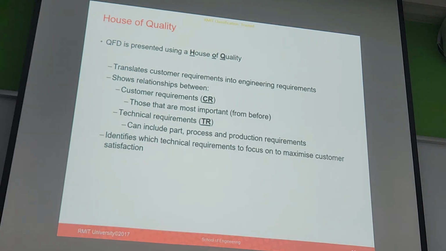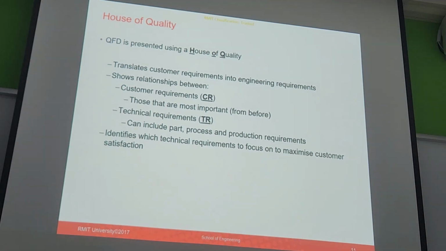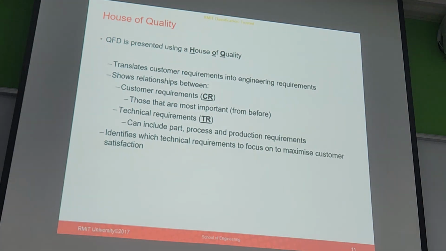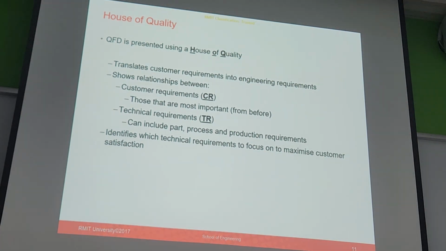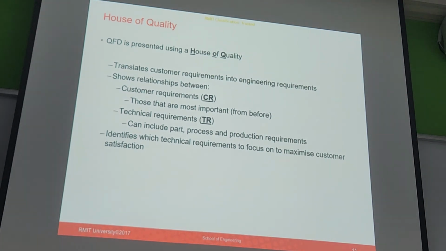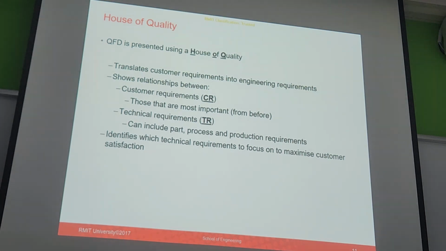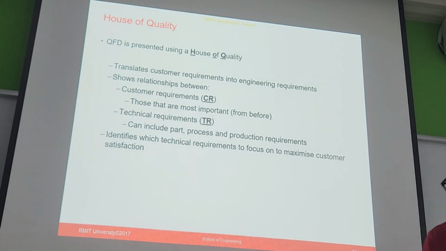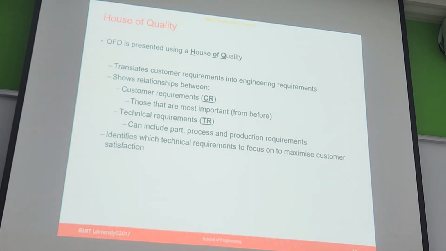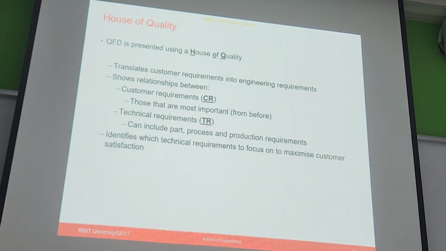Can you tell me what's the difference between CR and TR before I start? CR are like brief requirements. What are the customer requirements? Fast, good, better, very, not very clear requirements.